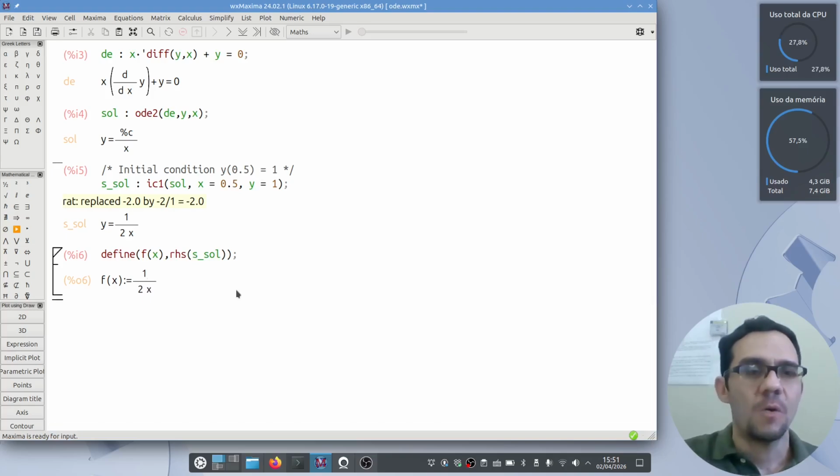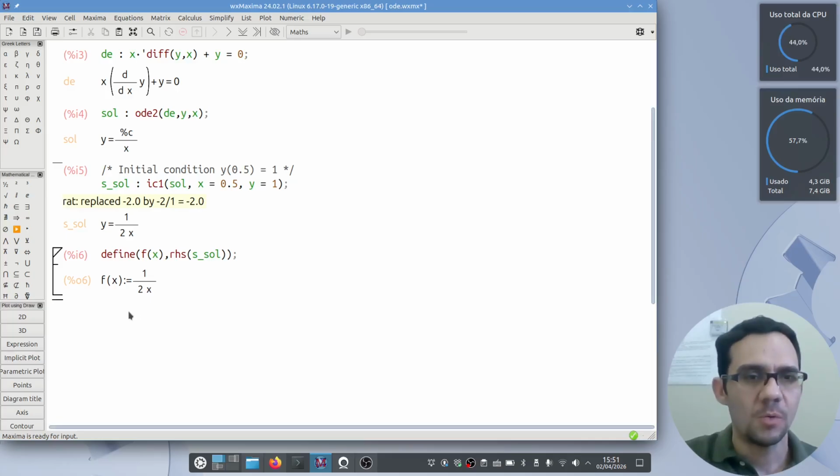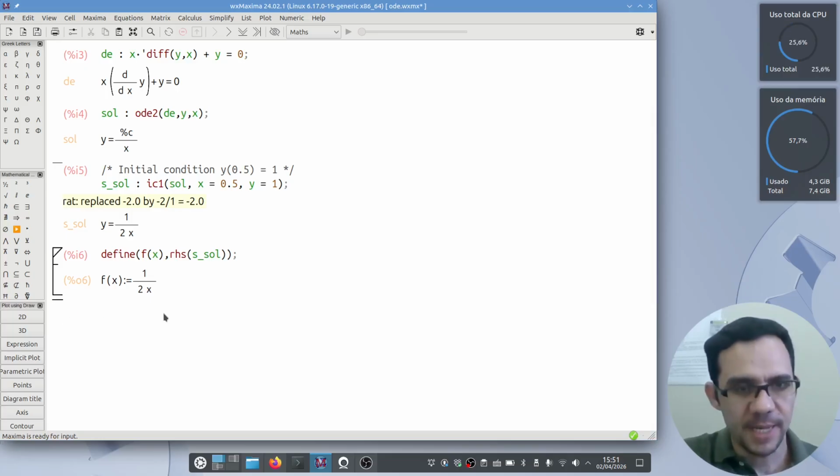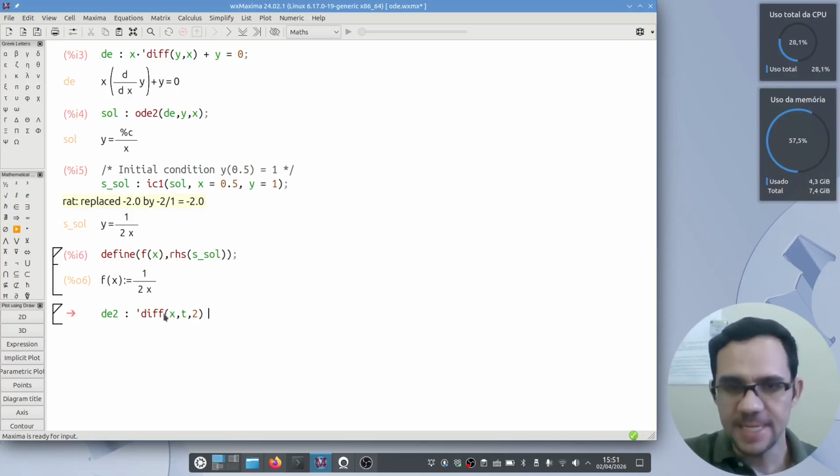So let's try now a second order equation. In this case, I'm going to use the example of simple harmonic motion. The equation in this case is this: the second derivative of x with respect to t plus k times x over m is 0.